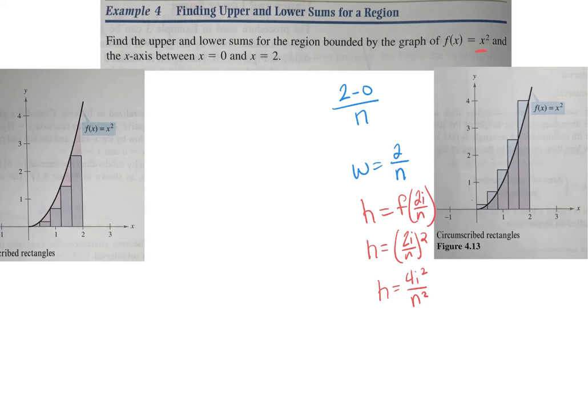So I have my height and I have my width. Okay? So far, so good? My summation, if they don't tell me a number, then I'm just going to go from 1 to n. It will all work out. Of my height, 4i squared over n squared times my width, 2 over n. Height times width. That's how you find the area of a rectangle.